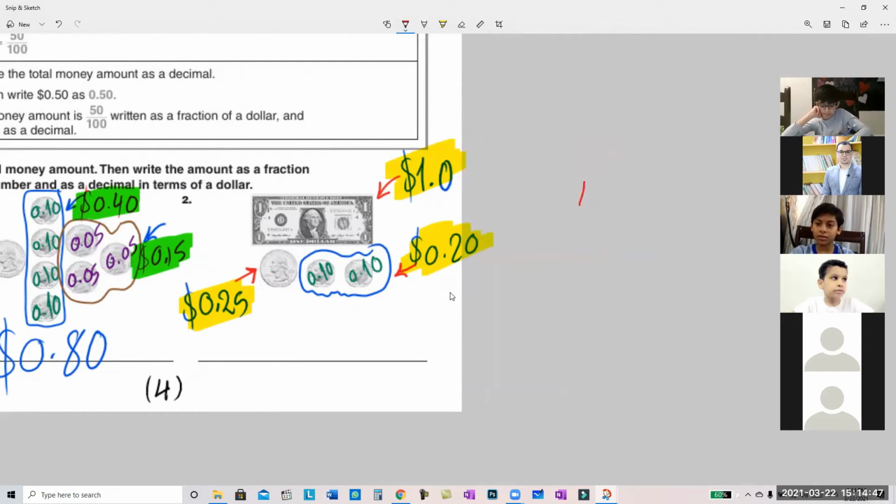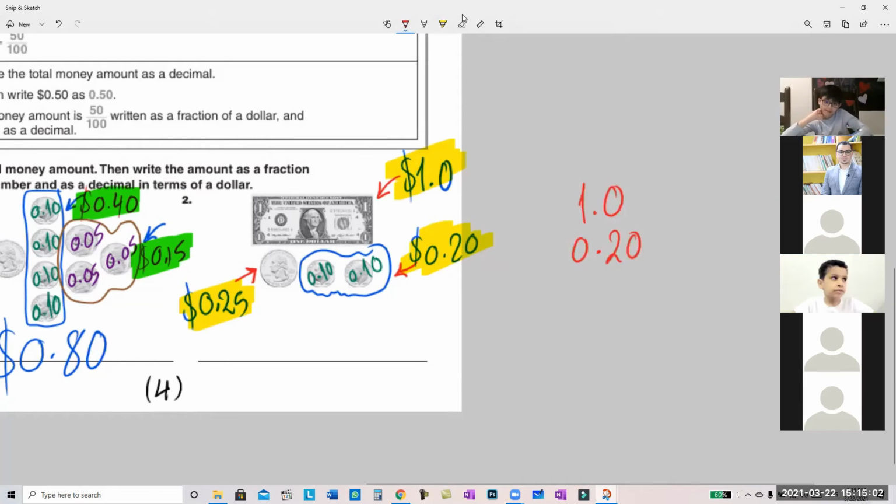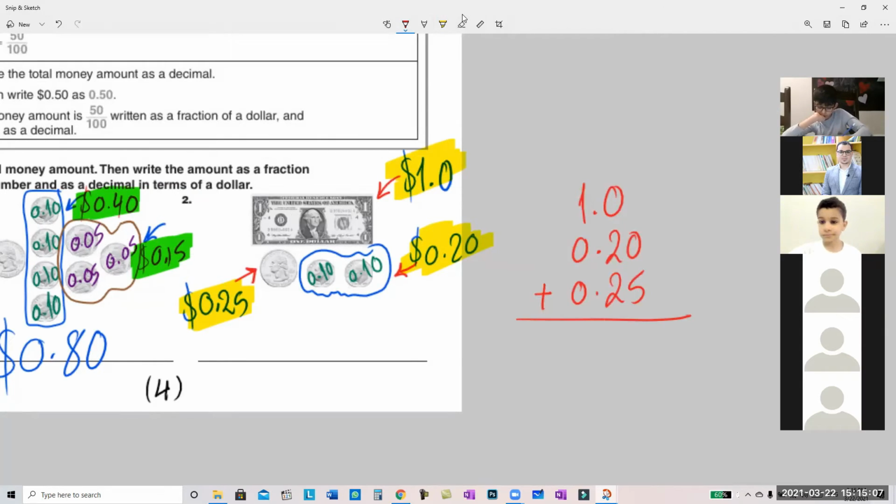So it will be $1.0 and $0.20 and 0.25. Okay, now let's add. We don't have any number here, so we're going to put 0, okay? The empty places are filled with zeros. So let's add 0 plus 0 plus 5 equals what, man? 5.